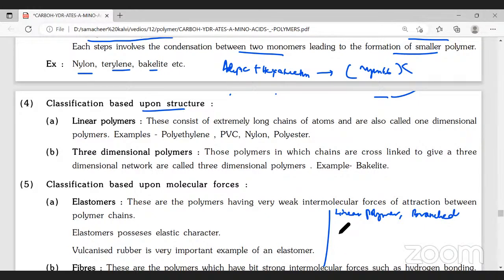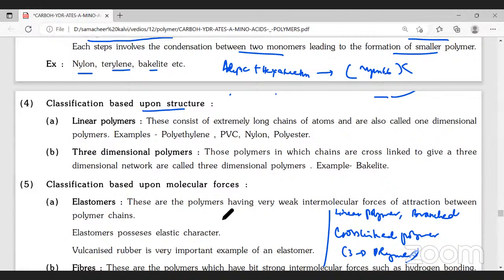And the third one is called a cross-linked polymer, also called a three-dimensional polymer. So based on the structure, polymers are classified into three: linear, branched, and cross-linked.